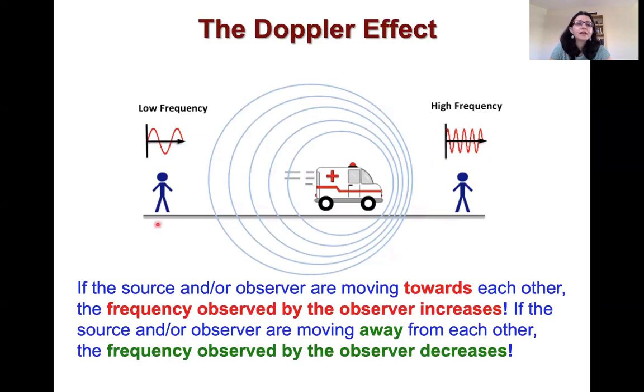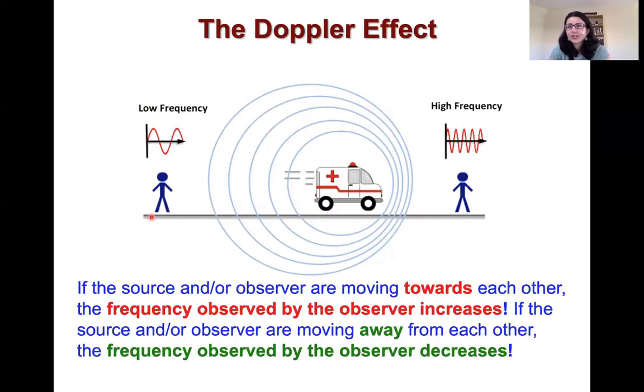Now, if you are an observer behind the ambulance, the opposite effect happens, because the ambulance emits a crest, then it actually moves a bit before it emits a second crest, so that stretches the distance between neighboring crests. In other words, it makes the wavelength longer, lambda goes up, frequency goes down, so the frequency is lower.